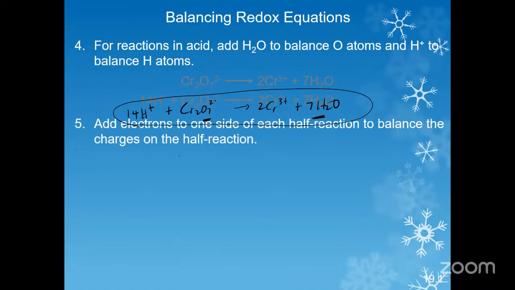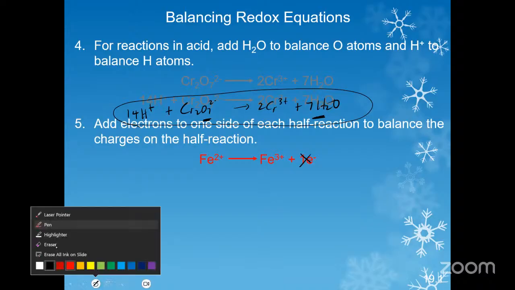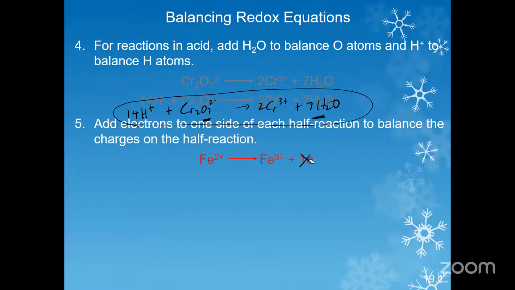So in the case of the Fe2+ to Fe3+, we did not have this before. You notice that there are 2 plus charges here, and there are 3 plus charges on this side, right? So the charges are not balanced. So to balance the charges, we add 1 electron here to the right side. Let me erase that. So we add 1 electron to the right side, because by doing that, what you'd have achieved here is plus 2 charge on this side and plus 3 minus 1.